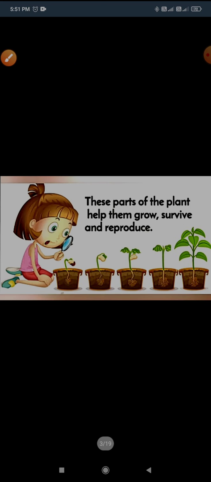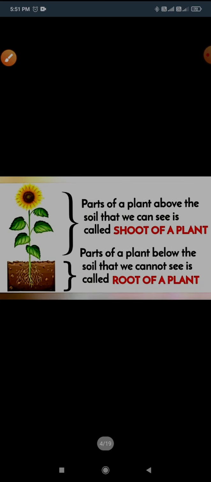So let's start. One more thing, these parts of the plant help them grow, survive and reproduce. Like in our body, all parts have different functions and make our work easy.